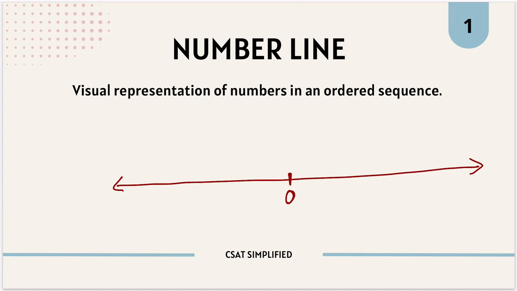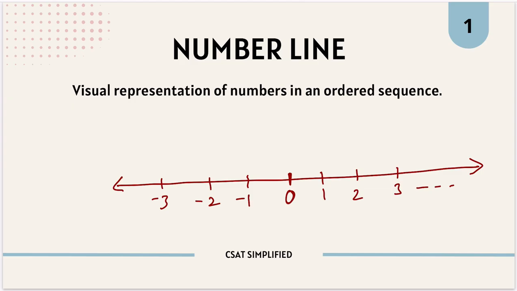We have some numbers on the right side of 0, some numbers on the left side of 0. The right side numbers are positive: 1, 2, 3 and so on. And on the left side are the negative numbers: -1, -2, -3 and so on. So this is how a number line looks like, right?